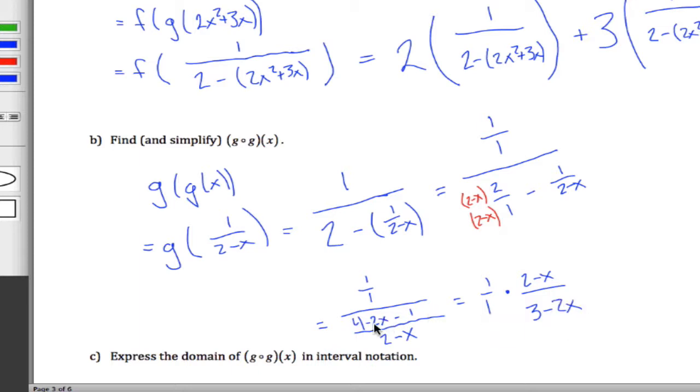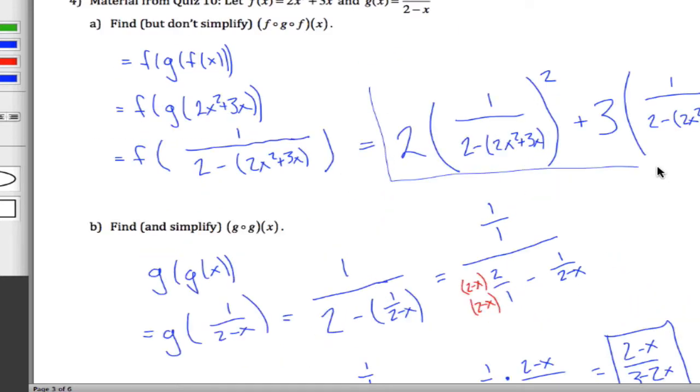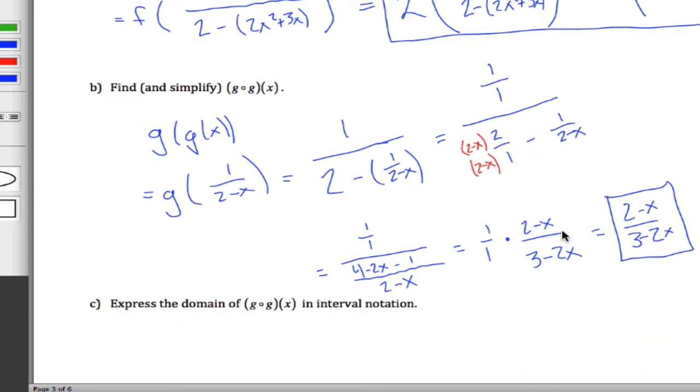I know that you have to simplify that at this step, but 4 minus 1 is 3. And then when I flip this upside down, I get this. This times 1, that's just 2 minus x over 3 minus 2x. This right here is the simplified form. Find and simplify g of x. Here you go. There it is.